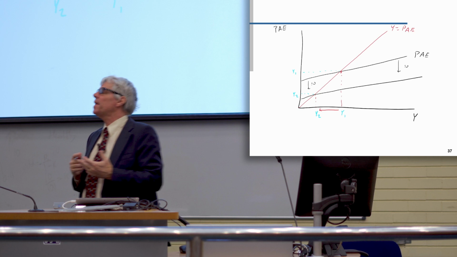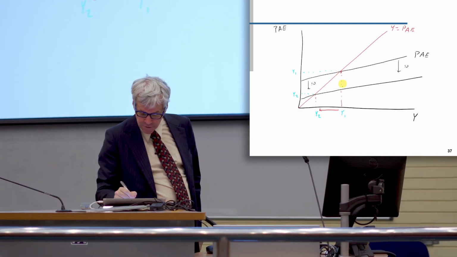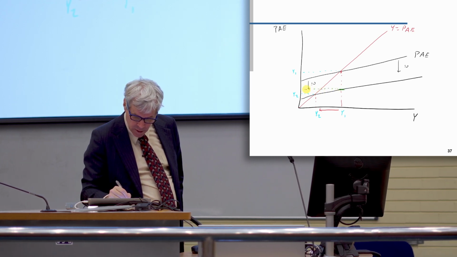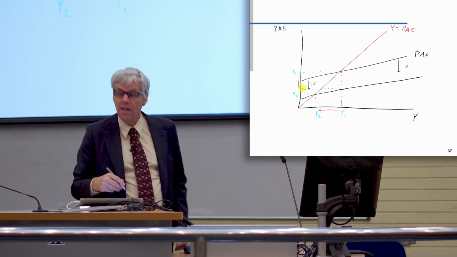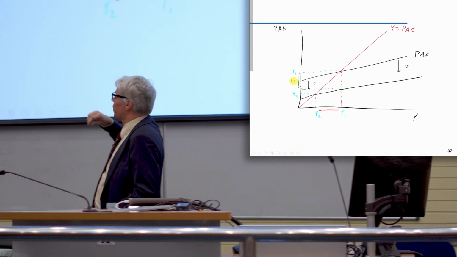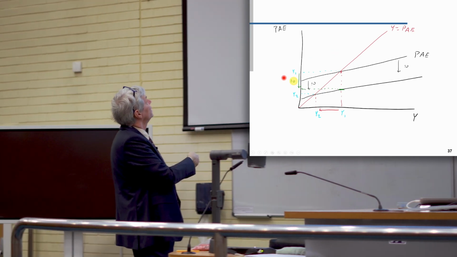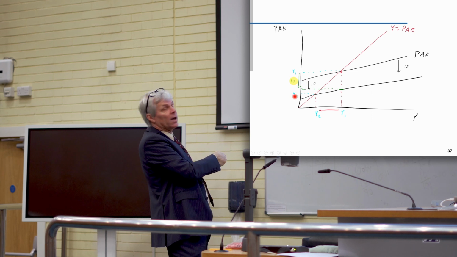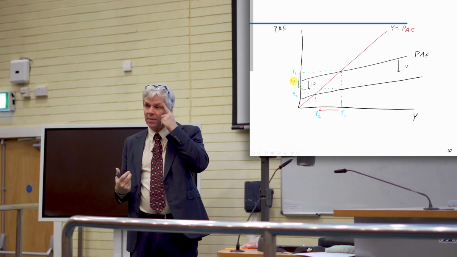But notice that if output fell by exactly 10, well, 10 is the amount of this shift, right? So this move from y1 to the green dotted line, that is 10. So in fact, output fell by more than 10, right? Because 10 is going from y1 to the green thing, and then output actually went all the way down to y2. So output fell by more than 10.